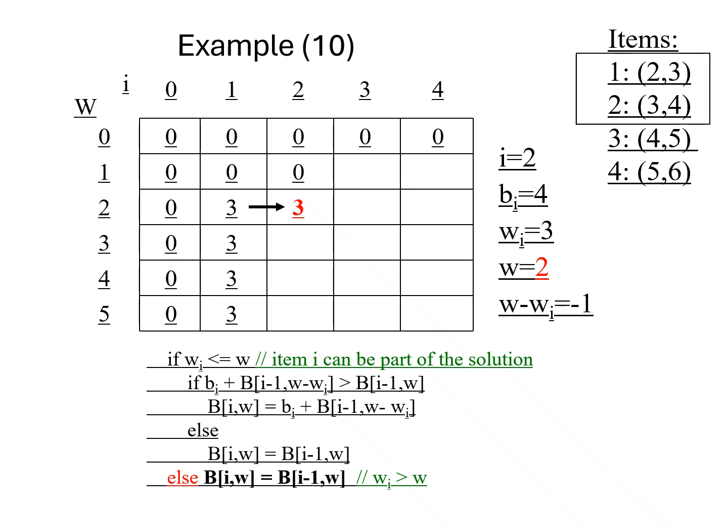So you have to make a decision about item number 2. You can pick it, it will give you benefit 4, and if you do not pick it, then the benefit would be 3. So picking item number 2 would be more advantageous. So like this one, this is 4 plus 0 is added. Okay, so in this way we can add this one.